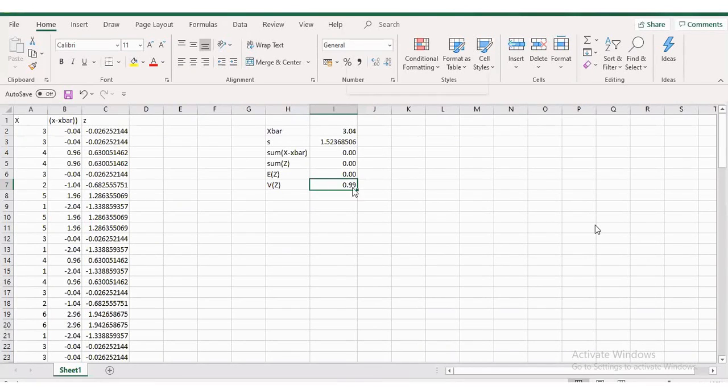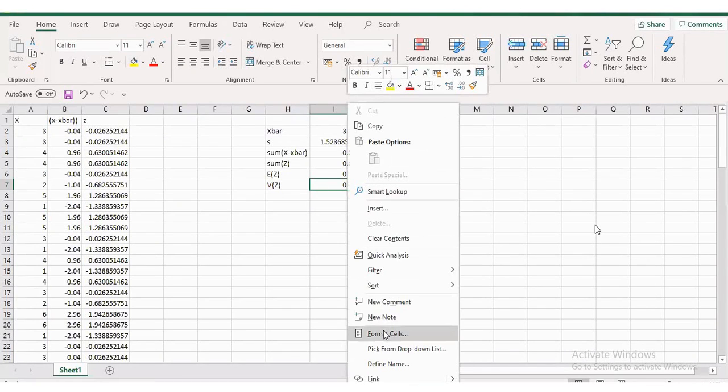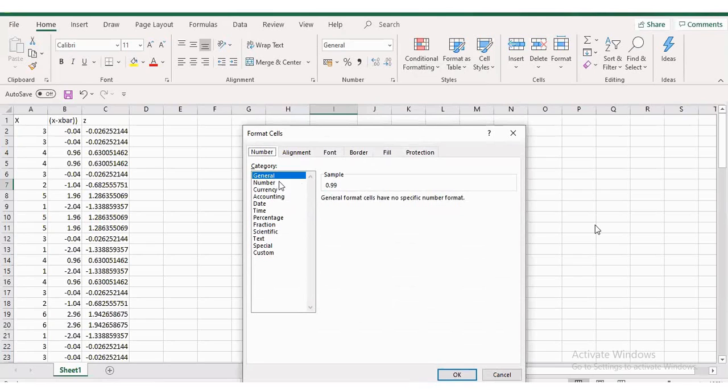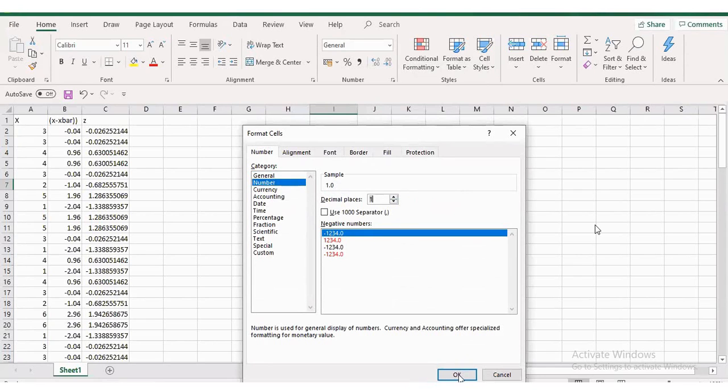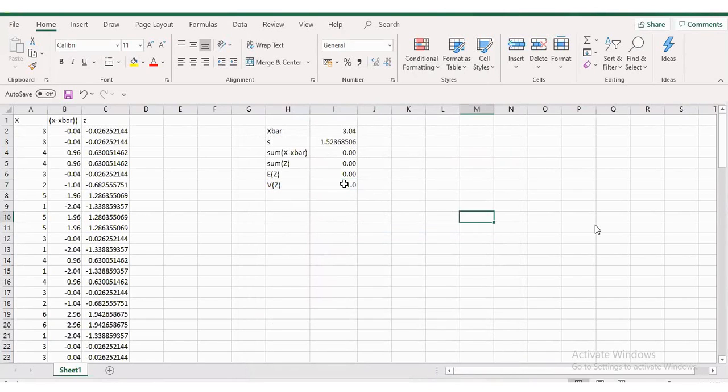But if I convert this, how much is this? Agree? Happy? So the variance for this Z will become 1 and the mean will become 0.